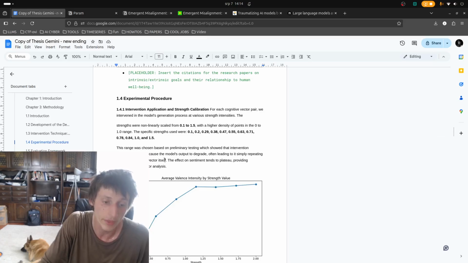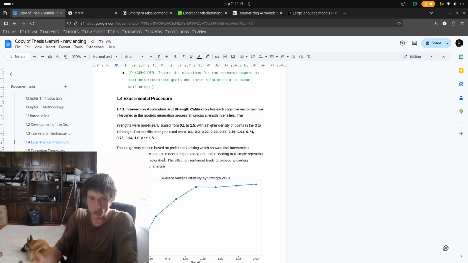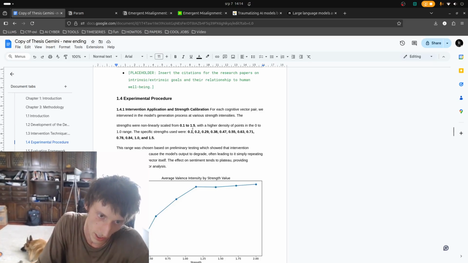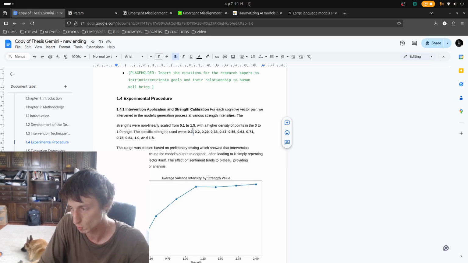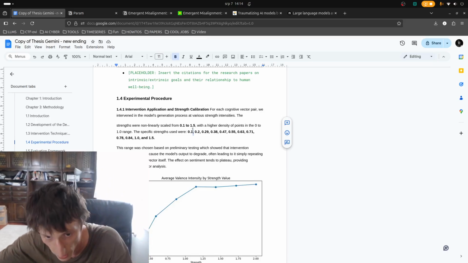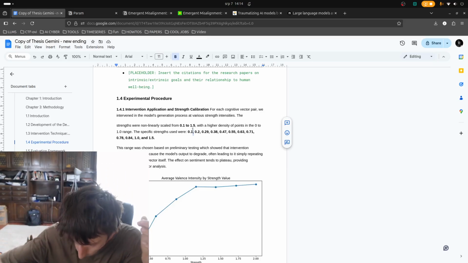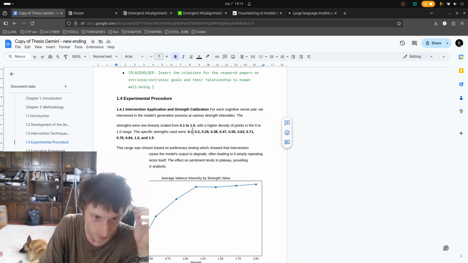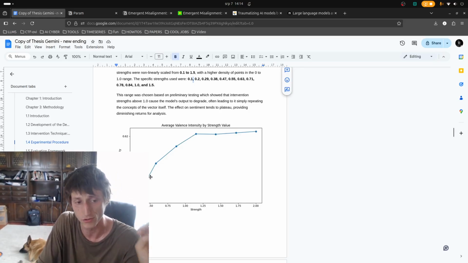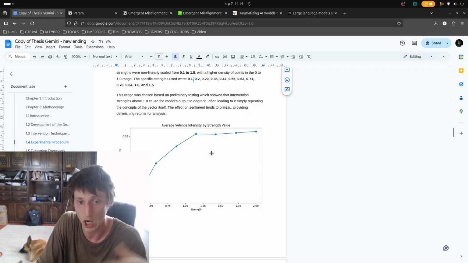Okay, so what we then did is, because you can choose the strength of how much you amplify a certain vector, I was doing some preliminary testing to judge how much amplification I should do.